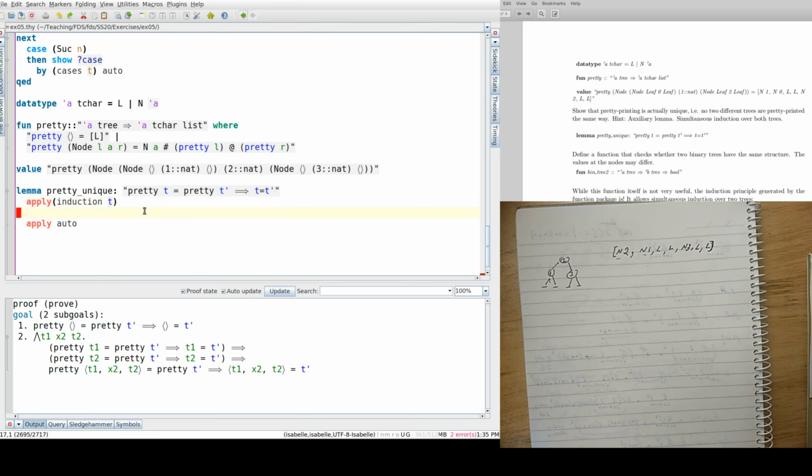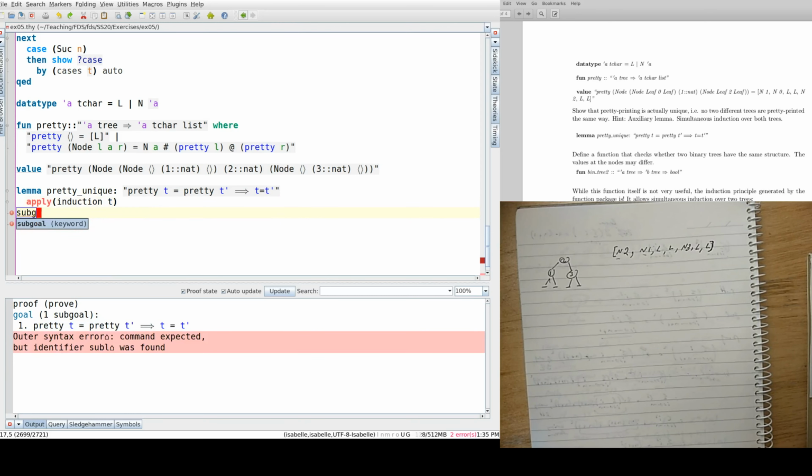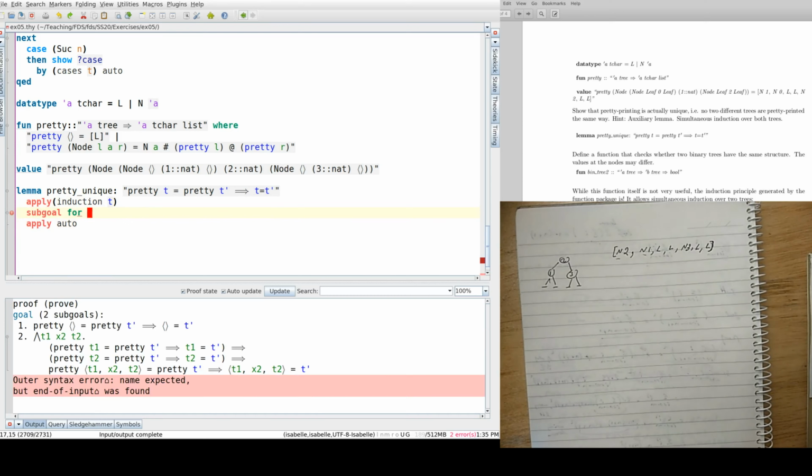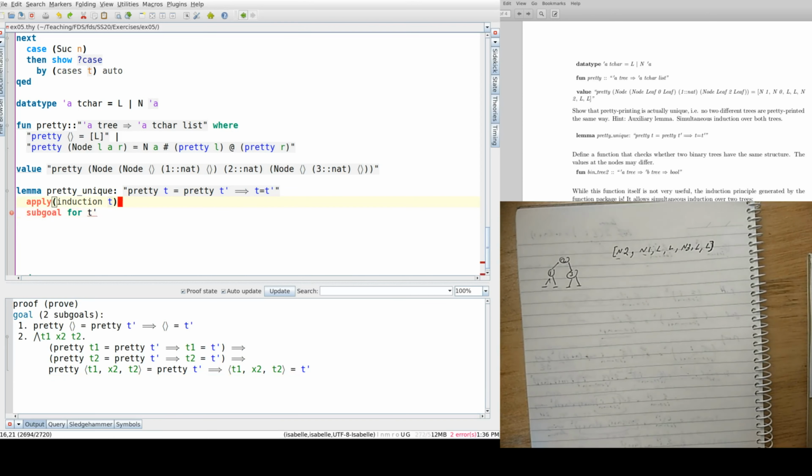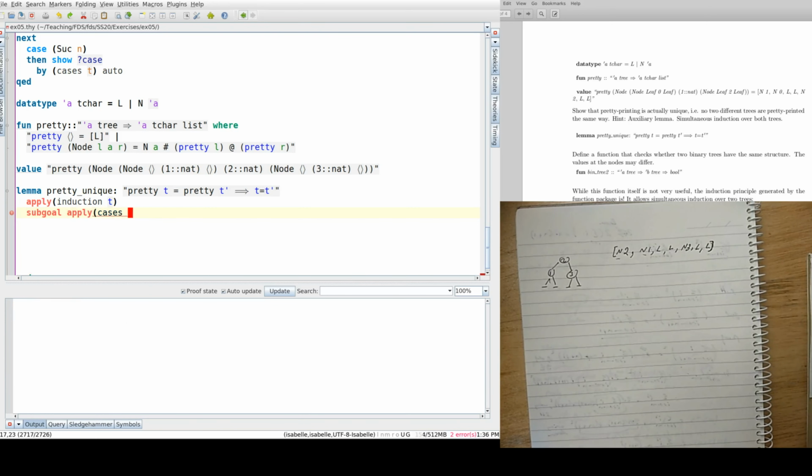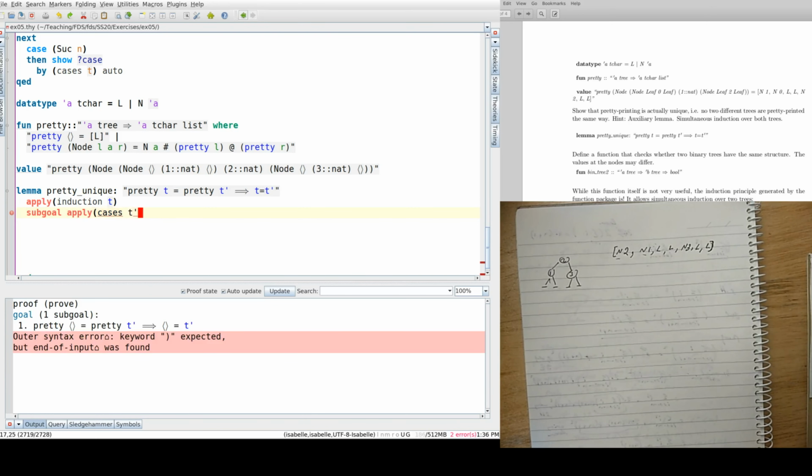So that's the first subgoal. So in the first subgoal, I will say again for T prime, okay. No, actually, because there isn't a quantification in this case, we don't need for. So I'll just say cases on T prime, and then apply auto.